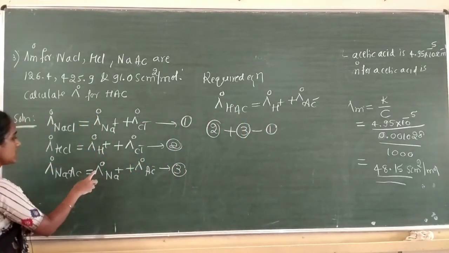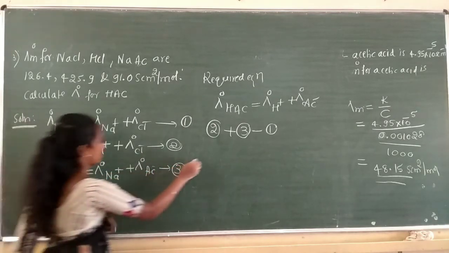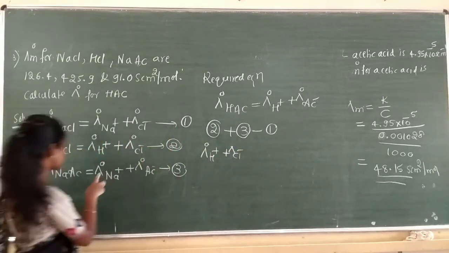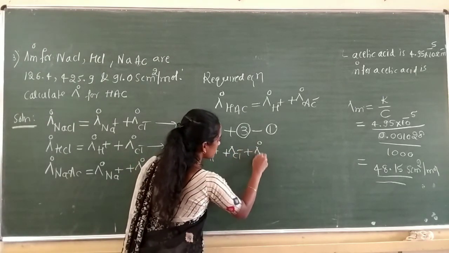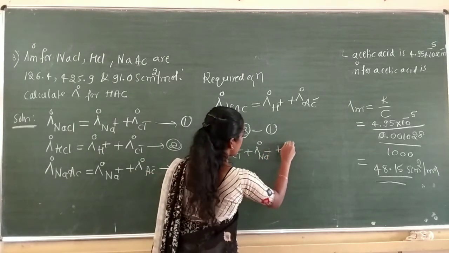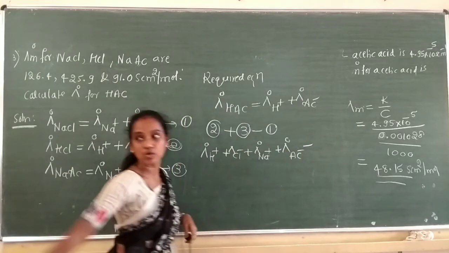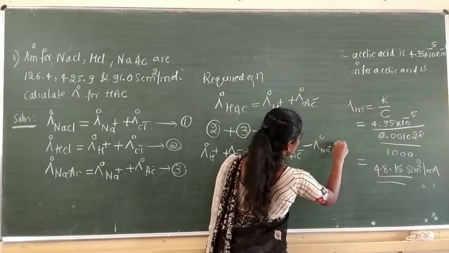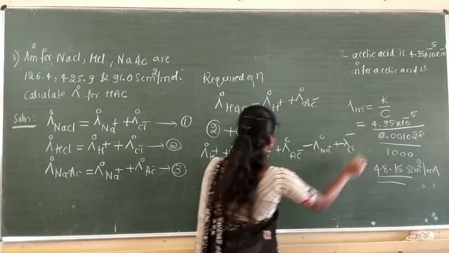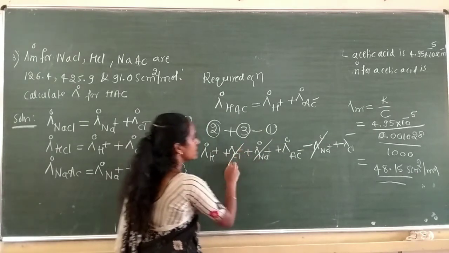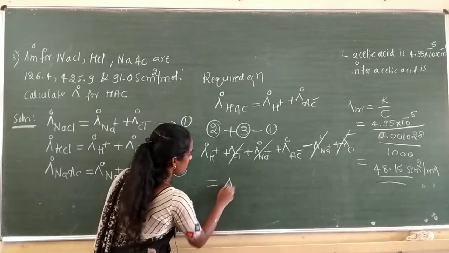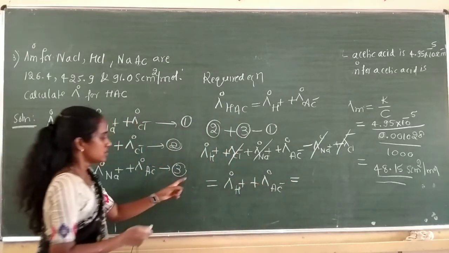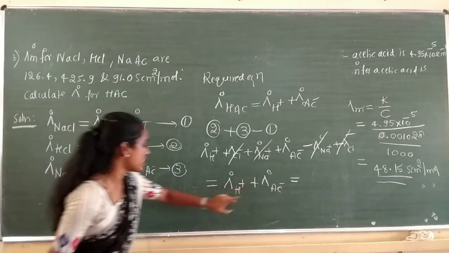So we get lambda H plus, lambda Cl minus, plus lambda naught Na plus, lambda naught acetate minus, minus lambda Na plus, minus lambda Cl minus. Here sodium cancels and chloride cancels, so we get lambda naught H plus and lambda naught acetate minus. This is the limiting molar conductivity of HAc, acetic acid.